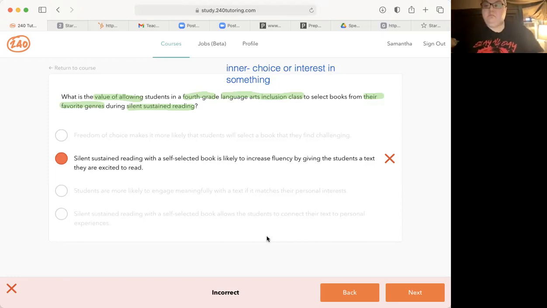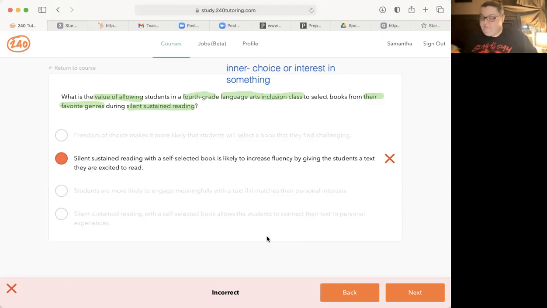And so you don't want them at the frustration level. You want them at that instructional level. You want them to be utilizing those decoding skills, and to be picking up new language and practicing at that level. So we know that B is not correct because it doesn't do that.